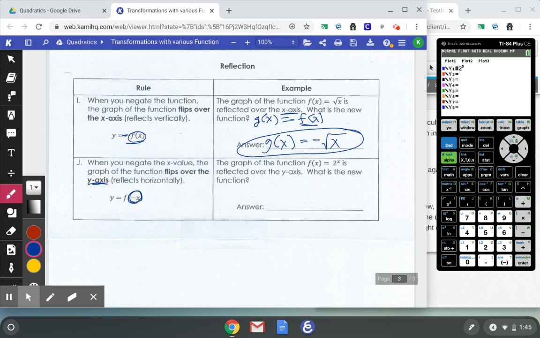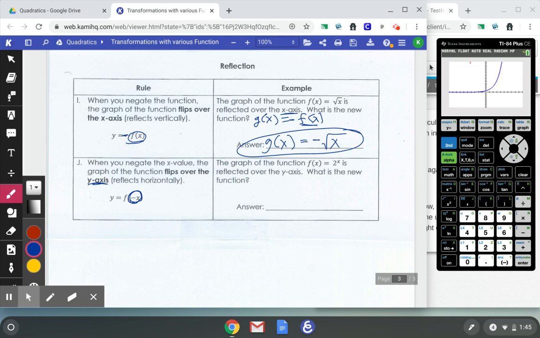Okay, so if I have my basic y equals 2 to the x power, if I negate my exponent, oops, let's see what happens.